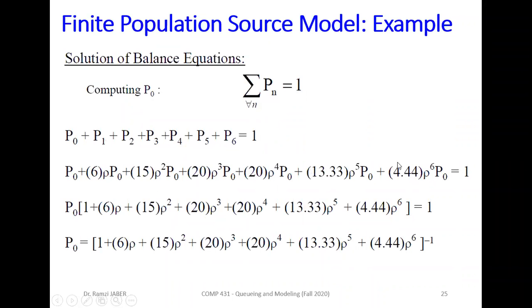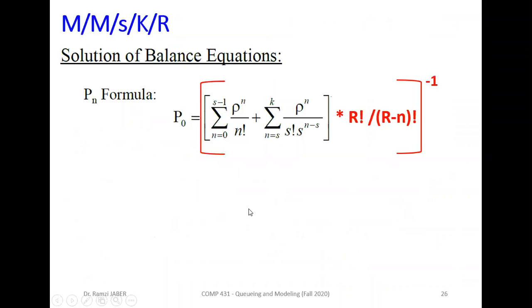Replace them to get this equation to the power minus 1, the inverse. So P0 equals 0.0837 from this equation. Okay. So the solution of the balance equation will be exactly similar to M/M/s/k/R, with an addition here.